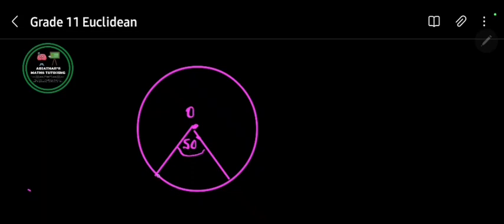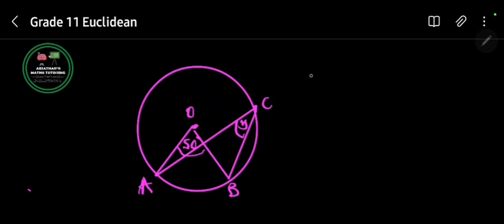Then they go on your circumference at a common point, and they form another angle there, and they call it Y. So they want us to tell them what angle Y is. After what we have learned, we know that the angle at the center is equal to 2 times the angle at the circumference.